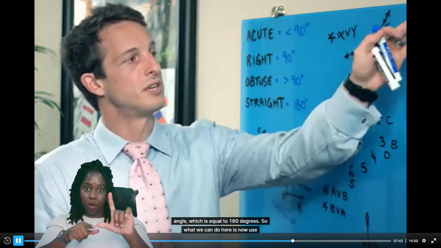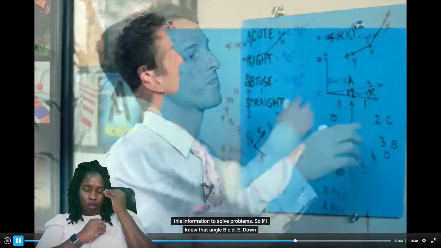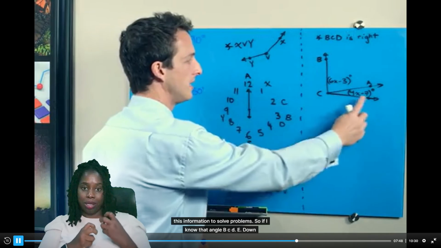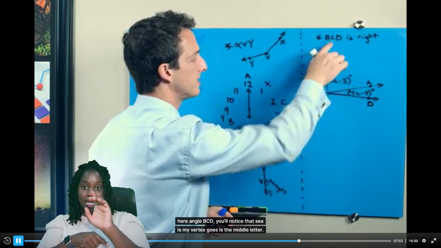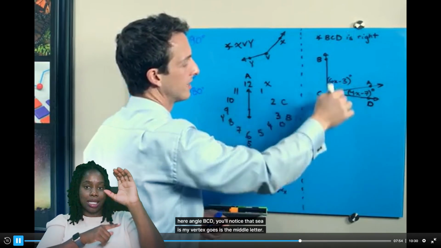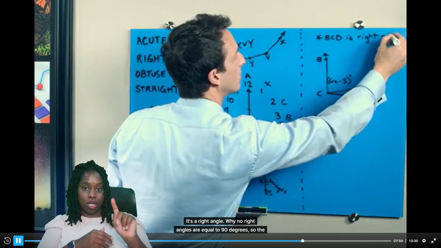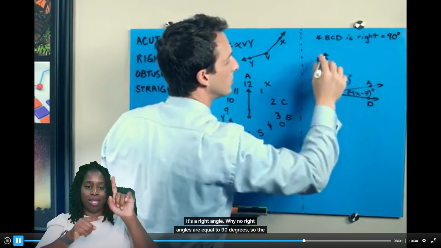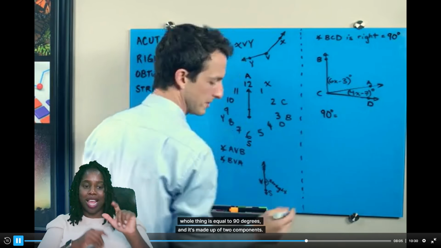So what we can do here is now use this information to solve problems. So if I know that angle BCD down here, angle BCD, you'll notice that C is my vertex, so it goes as the middle letter. It's a right angle. Well, I know right angles are equal to 90 degrees. So the whole thing is equal to 90 degrees, and it's made up of 2 components.